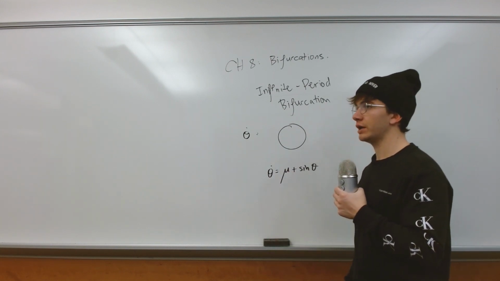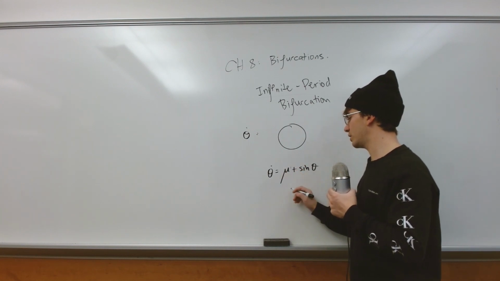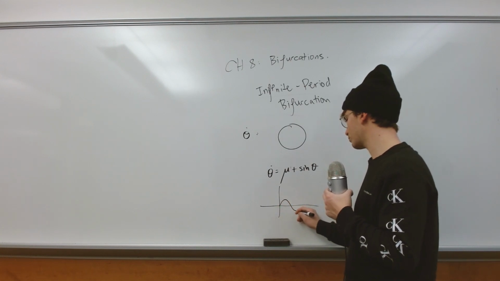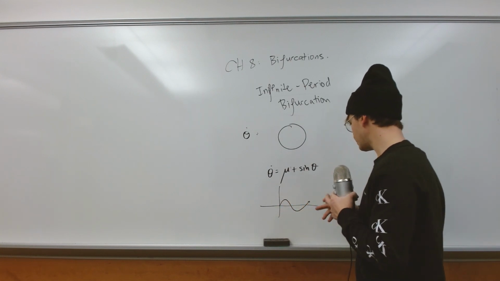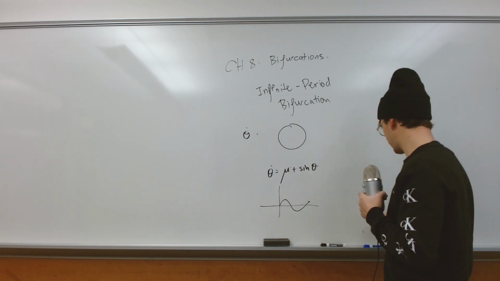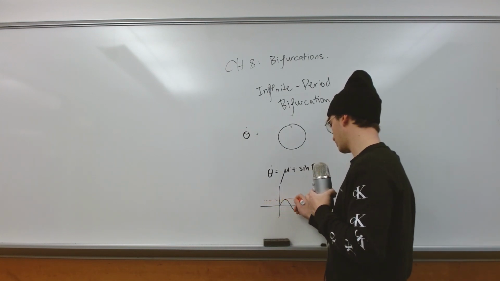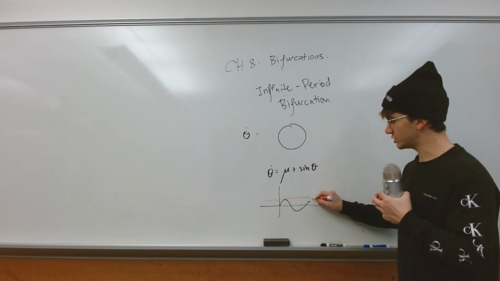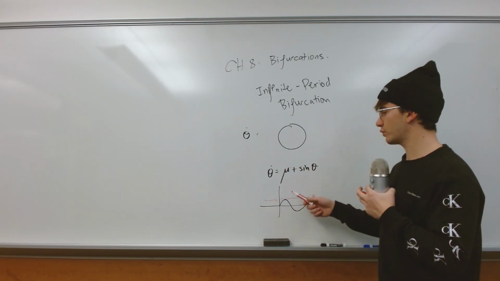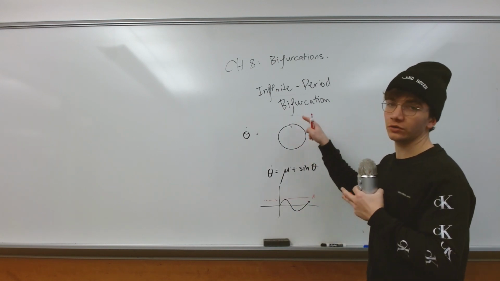Specifically, when I lower mu and bring it to 1, with our sine wave, which I'll draw for you here, we shift the value of mu, and when mu intersects that sine wave, we're going to have a bifurcation that occurs on the circle, on the flow on the circle.